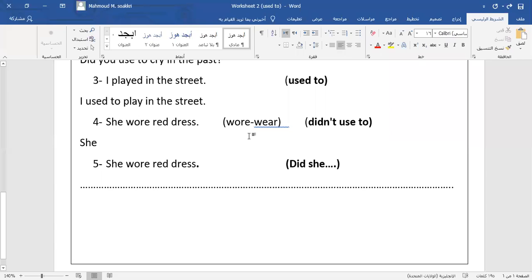So we say she didn't wear the dress. But verb 1 is where? Thank you.